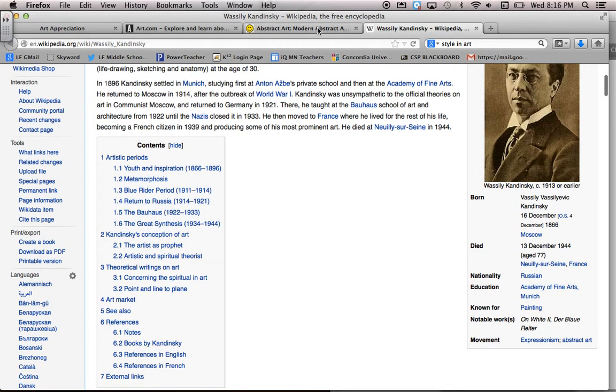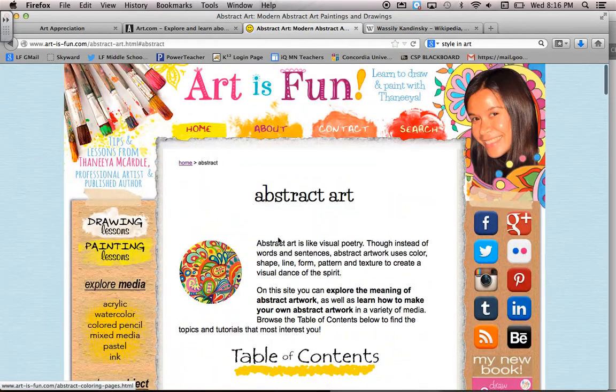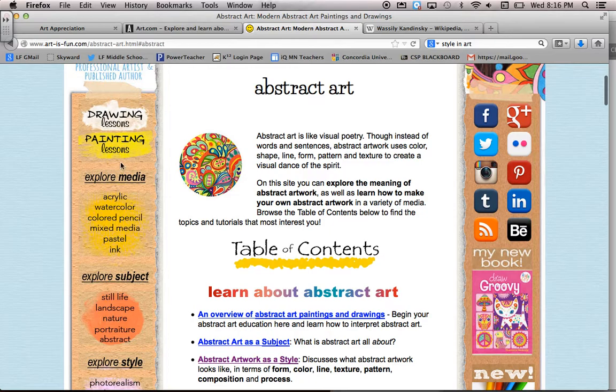If we go back, we can also explore media. We talked a lot about paintings, and different media are acrylic, watercolor, colored pencil, mixed media, pastel, and ink. Those are the materials used to create the artwork.